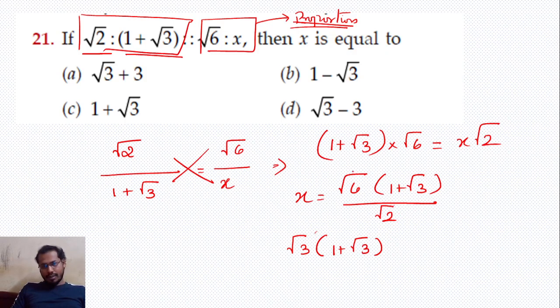Root 2 and root 6, if we cancel, we get root 3. So that is equal to root 3 plus 3, the final answer. I can cancel this, and this is the final answer, root 3 plus 3.